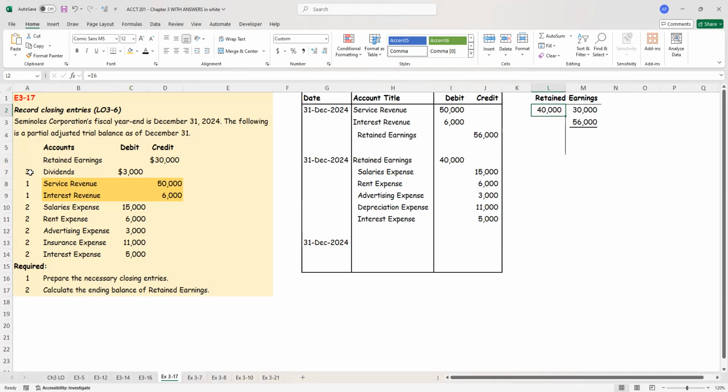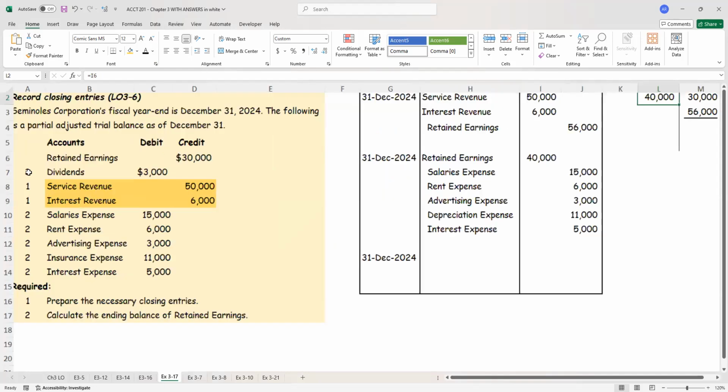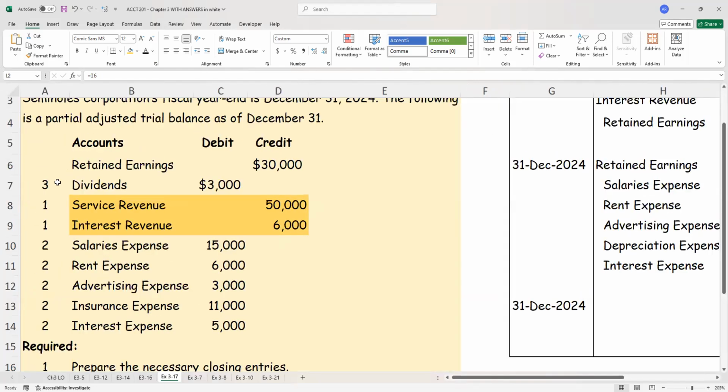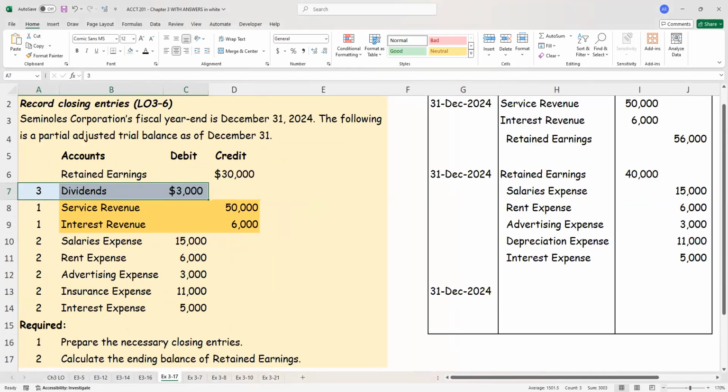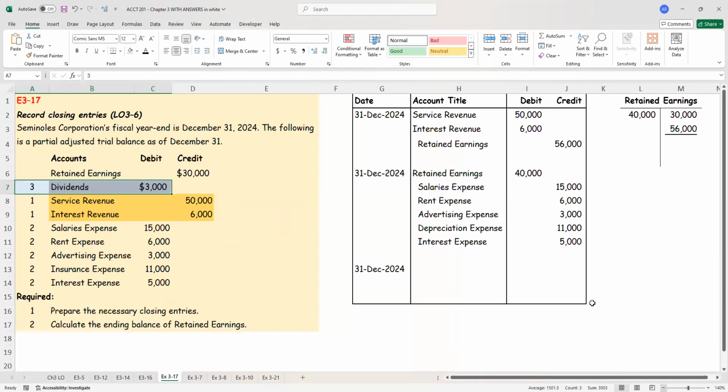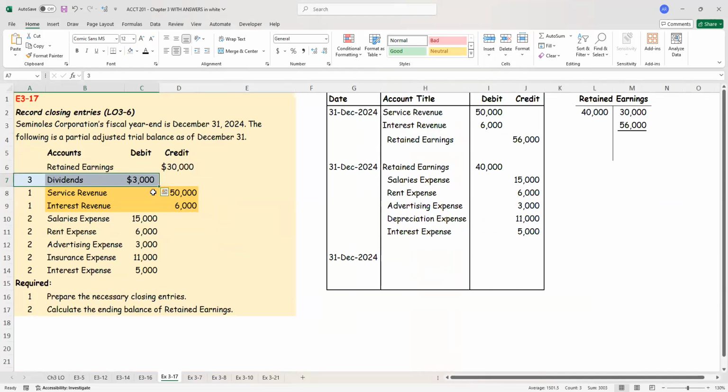Finally, let me go to dividends. Let me highlight this one over here, dividends. Let me go to this number over here and highlight it so we can see this. Okay. So dividends has a debit balance of 3,000.